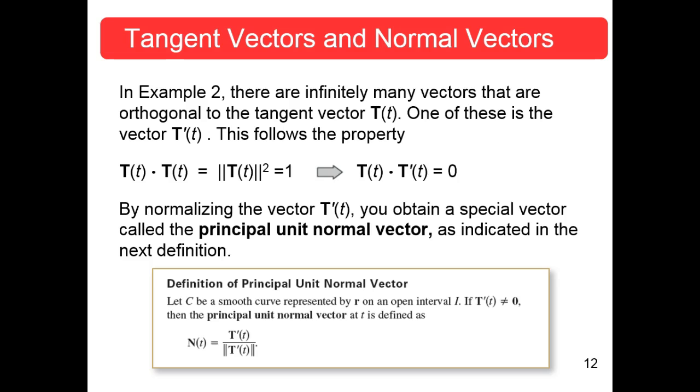Okay. Let C be a smooth curve represented by R on an open interval I. I is the interval over which t is defined, little t.